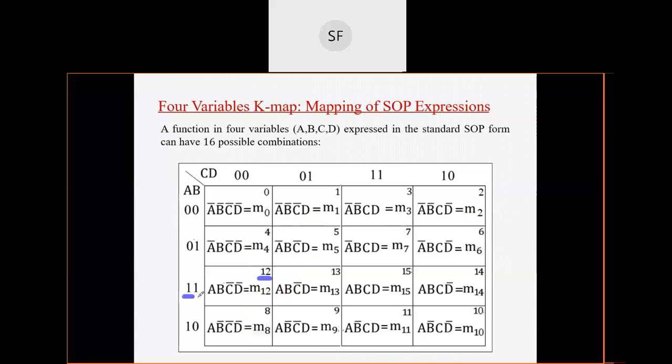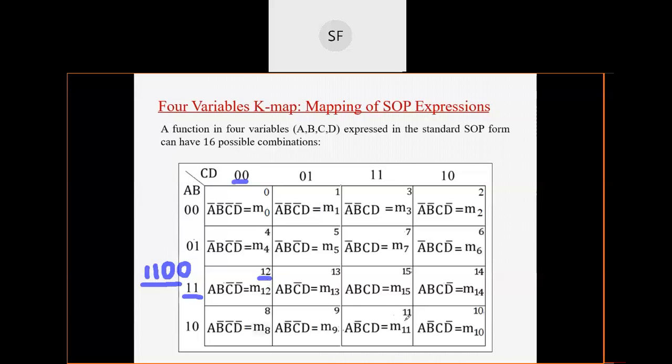For that you first collect the values of AB, which are 1 1, because A is always the most significant bit, so you have to write the value of A first. Then the value of CD for this cell is 0 0. So after 1 1 you write 0 0, and the decimal equivalent of this code is 12. Hence this cell is 12.